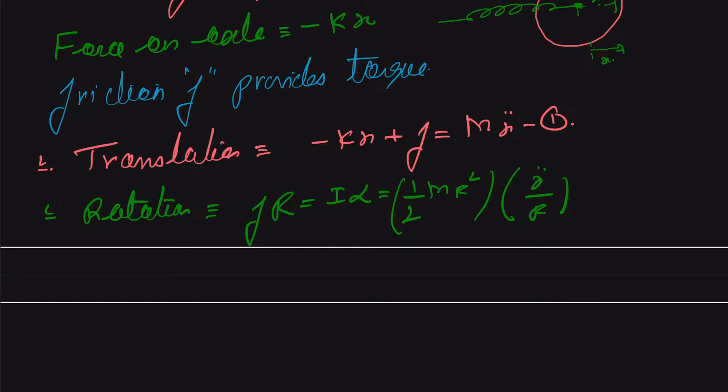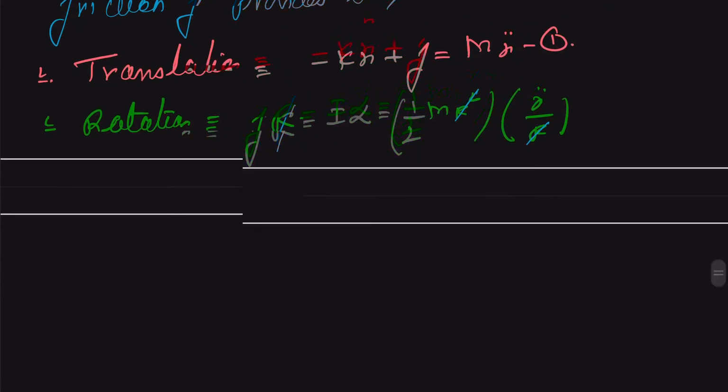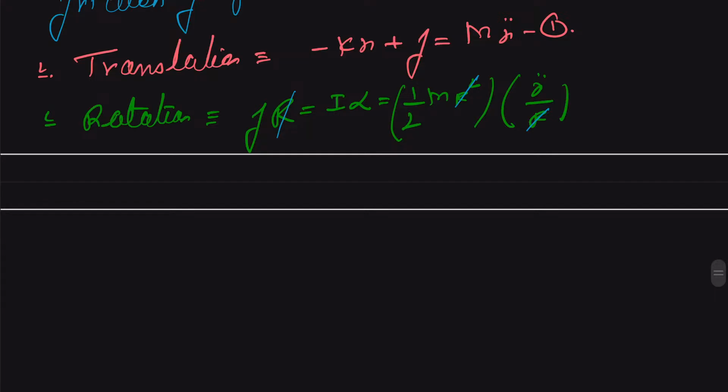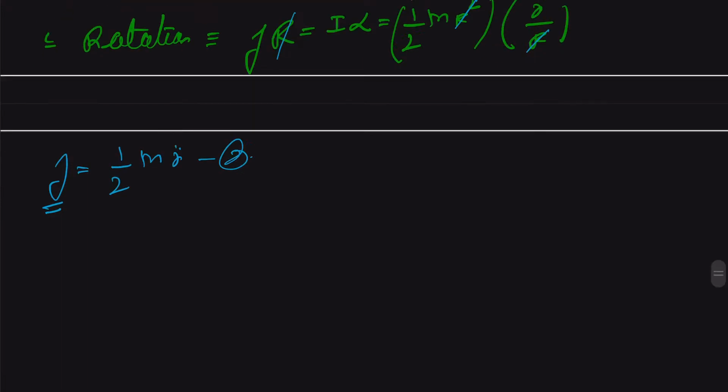So from here we can cancel out this r square, and we get that the friction will be equal to half m x double derivative. Let us call this equation number 2. Therefore, we substitute the value of friction from equation 2 in equation 1.